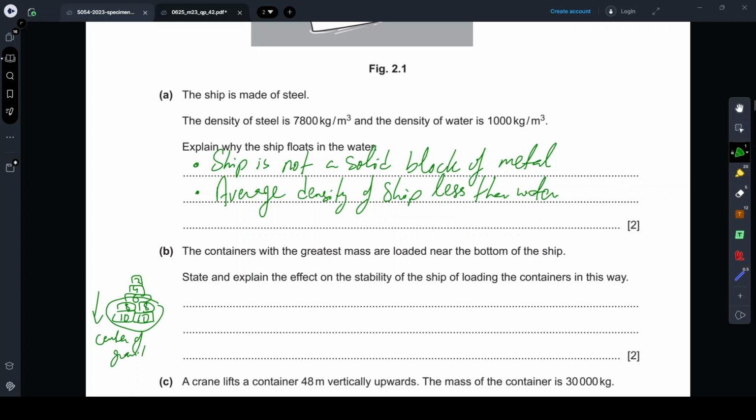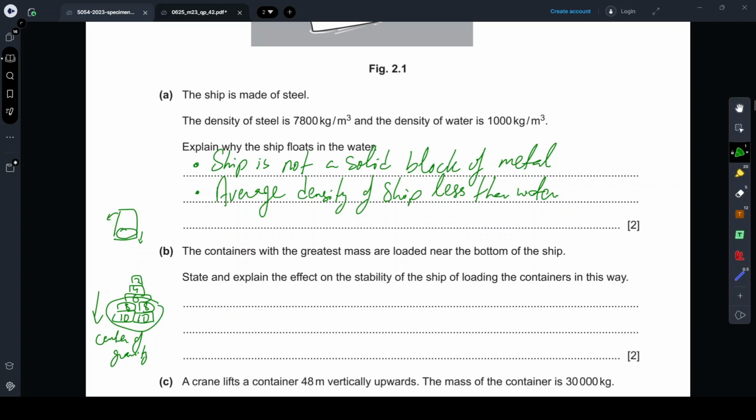Because remember the experiment they did, they had a can and they placed a weight at the bottom, and so when they tried to tip it over, it didn't tip over because the center of gravity, which is technically also the center of mass in most cases, the lower it is, the more stable the object becomes.